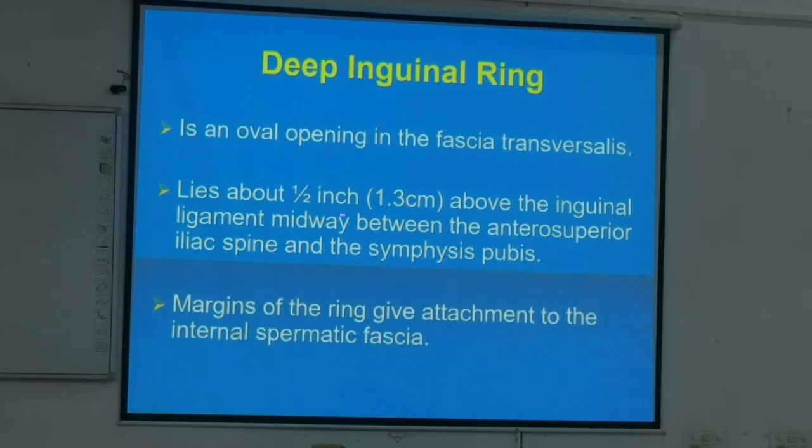Location is also asked in viva. Above the inguinal ligament, midway between the anterior superior iliac spine and the symphysis pubis, that is mid-inguinal point. Okay. Half inch above the mid-inguinal point. So, margins of the ring give attachment to the internal spermatic fascia. Okay. Next.